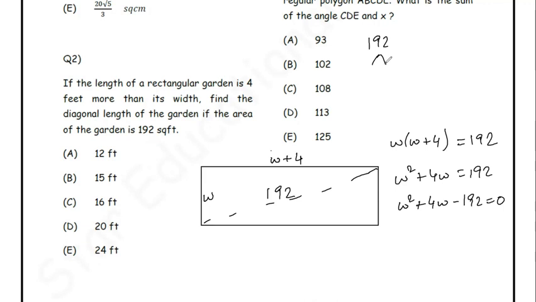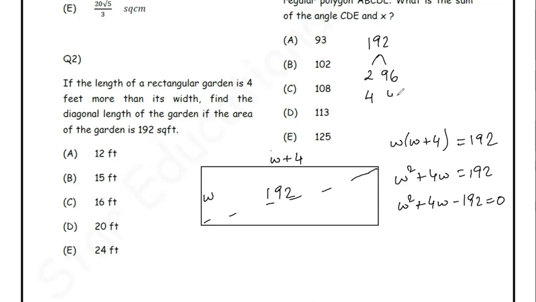192. Okay, we'll just work out the factors first. 2 times 96. And 96 is further broken down into 2 times 48.